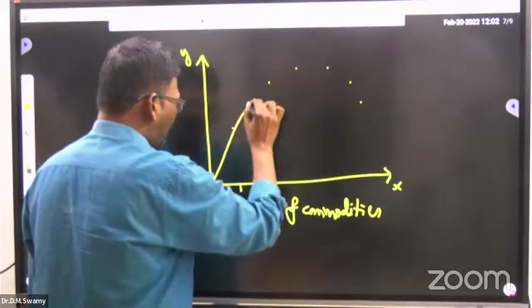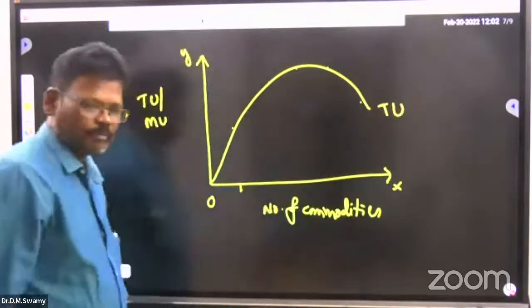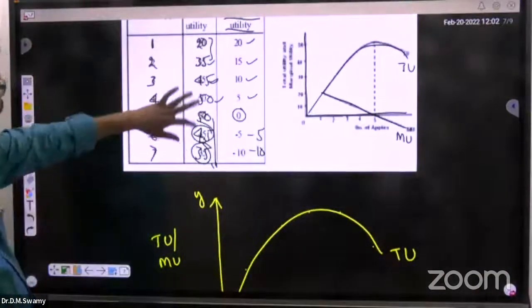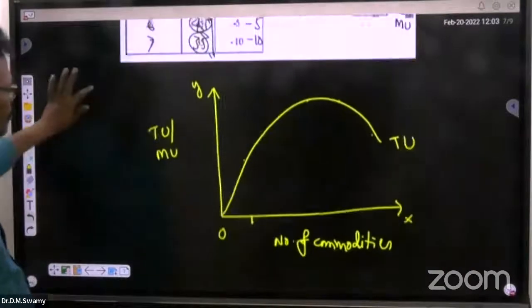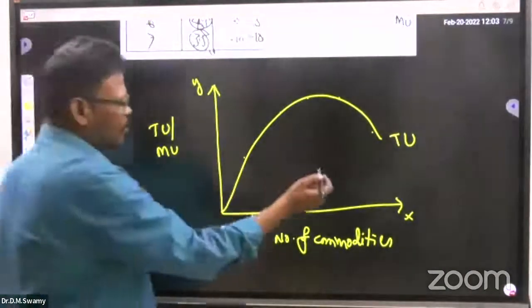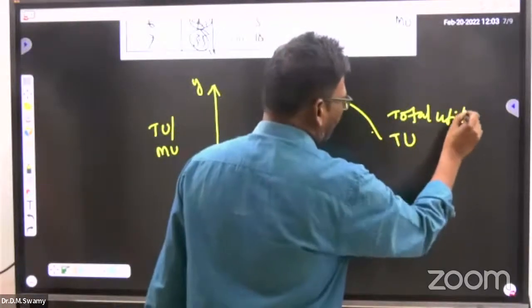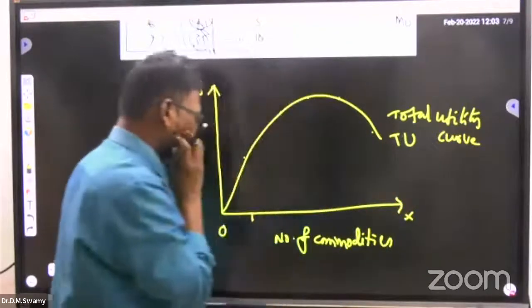If we add all this, we can get the total utility curve, based on this table only. So this is called the total utility curve.